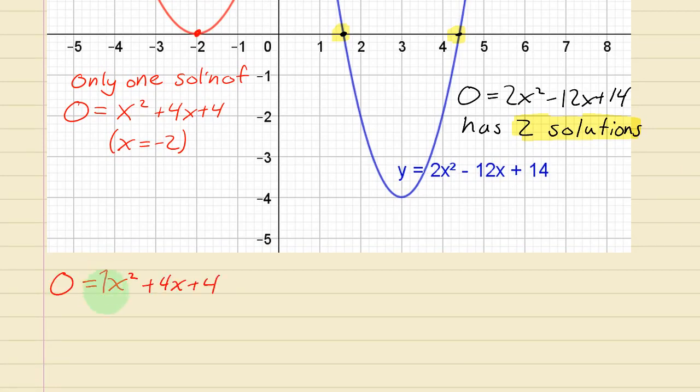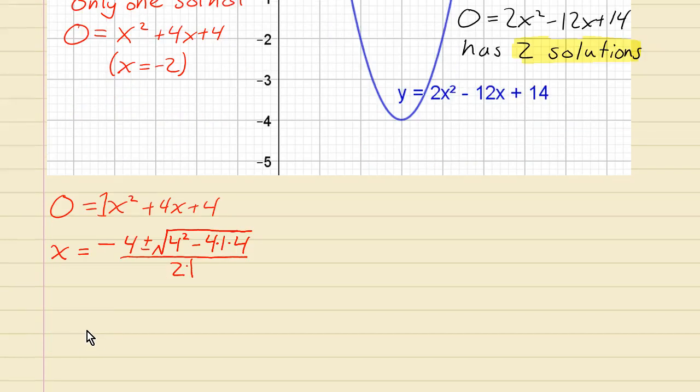So a is 1, b is 4, c is also 4. So the solutions will come out like this. And we'll notice what happens when you do 4 squared, that's 16, and then minus 4 times 1 times 4 is also 16. That will give you a 0 inside that square root.